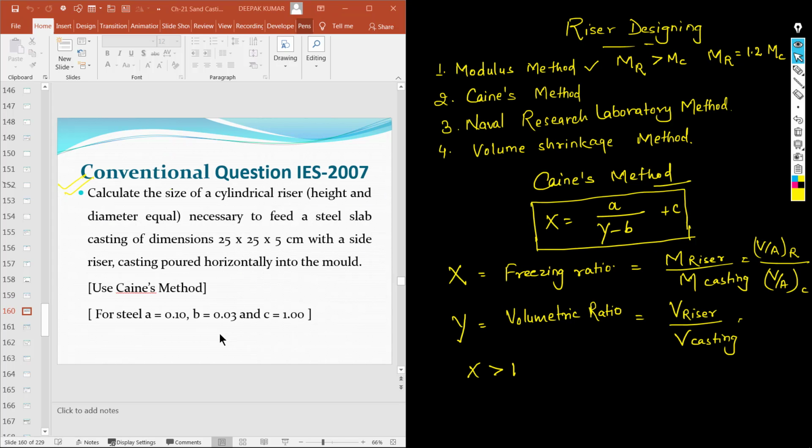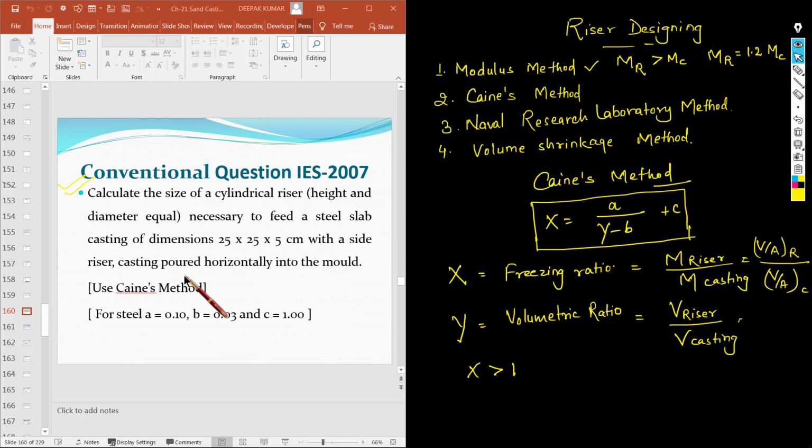There is one question given here, which was asked in IES 2007. Here we need to calculate the size of a cylindrical riser. The riser which we have to calculate has height and diameter equal, H is equal to D, necessary to feed a steel slab casting of this dimension, with a side riser.